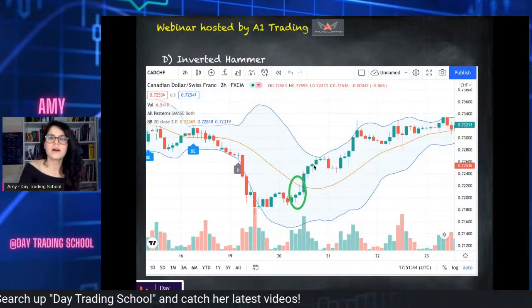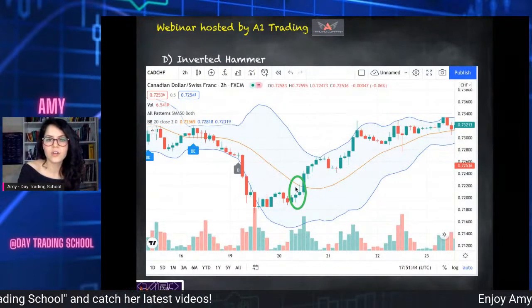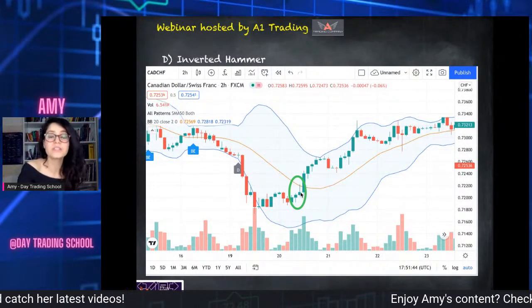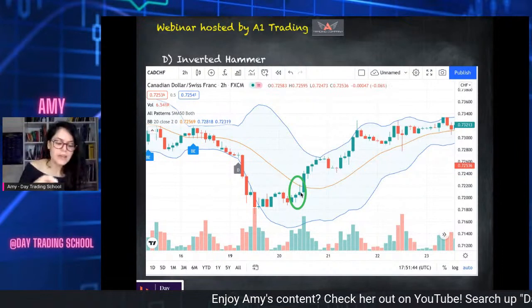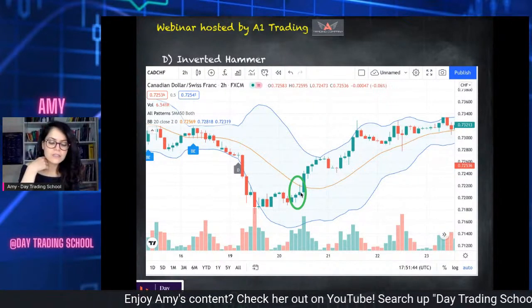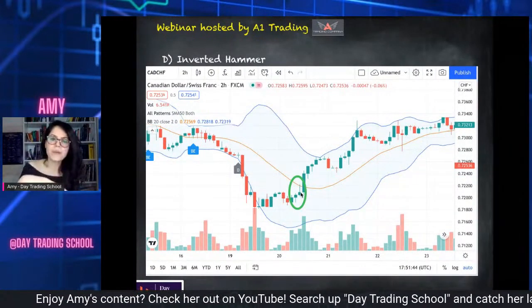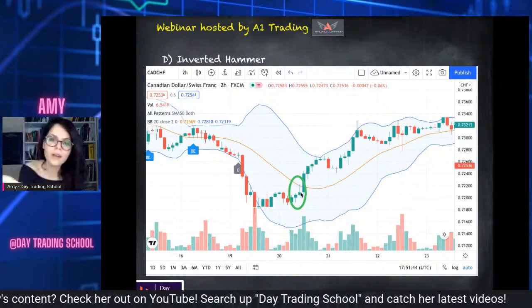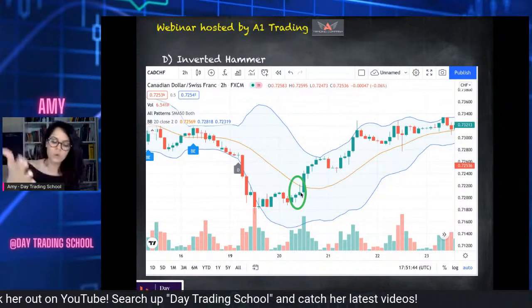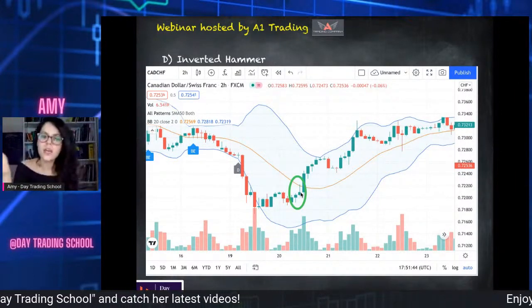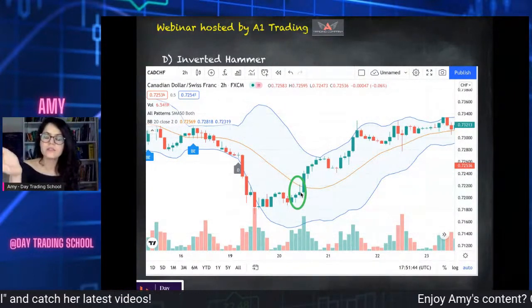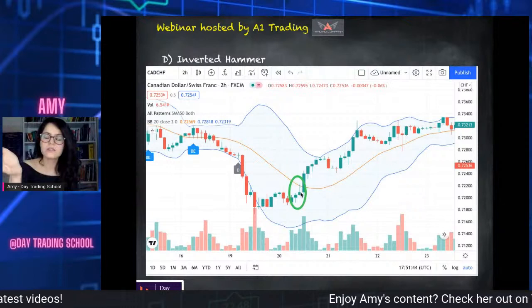Then I see it's an inverted hammer, and that's a great opportunity to enter, because an inverted hammer means a lot of people bought too early. They were panicking, buying because of fear of missing out. Those traders got swiped out and you can now enter.